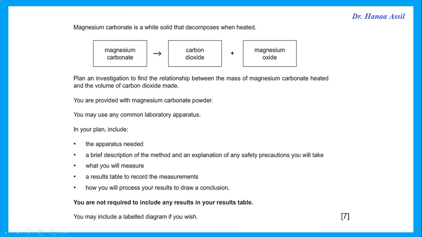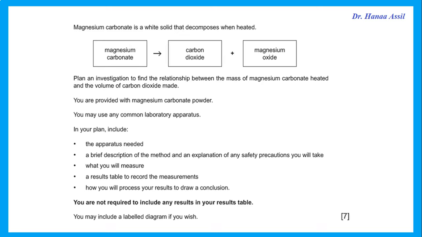Okay, now another experiment says magnesium carbonate is a white solid that decomposes when heated, so it gives carbon dioxide plus magnesium oxide. Plan an investigation to find the relationship between the mass of magnesium carbonate and the volume of carbon dioxide made. You are provided with magnesium carbonate powder.